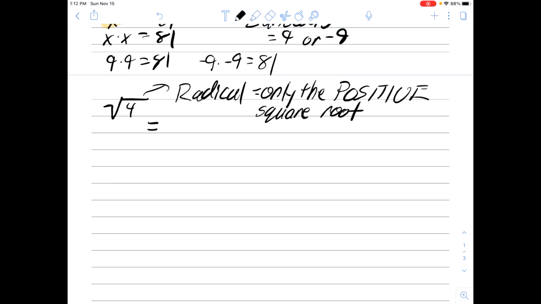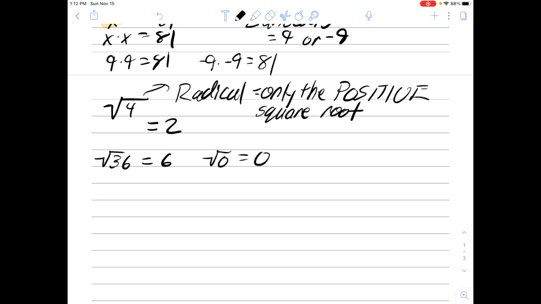So that means that since this is a radical, my answer would just be 2. We could also do it like this. If I asked the square root of 36, it would be 6. The square root of 0 would be 0.